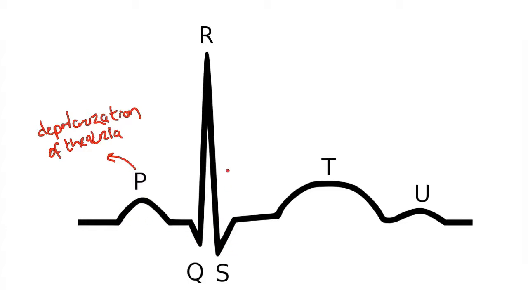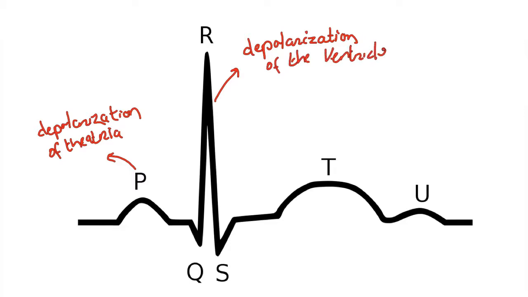Then we have the QRS complex, and you probably guessed it by now, but this shows the depolarization of the ventricles. That is what is represented by the QRS complex.